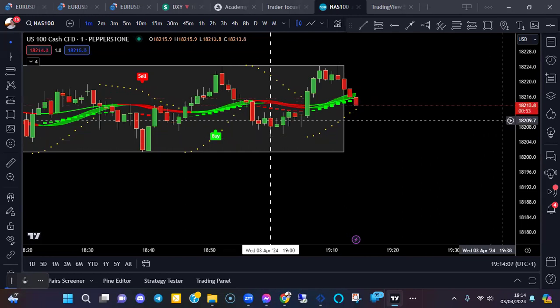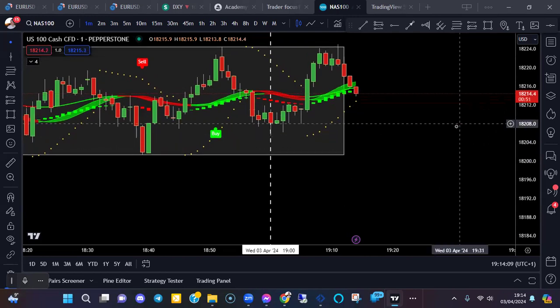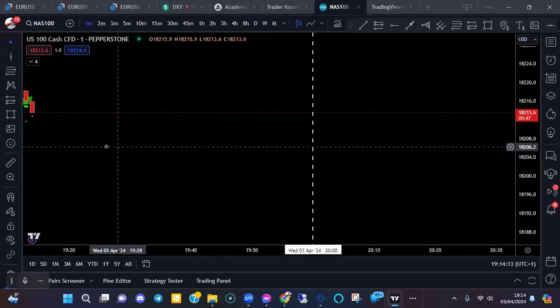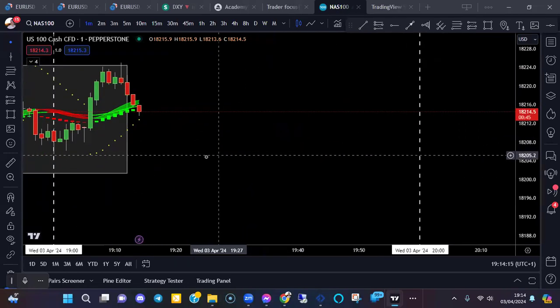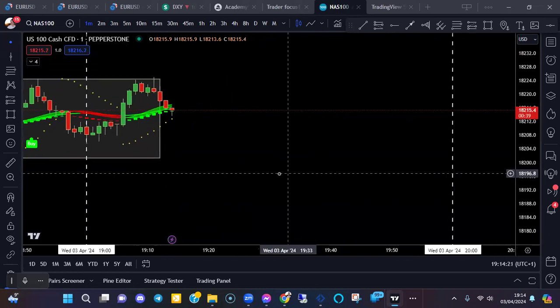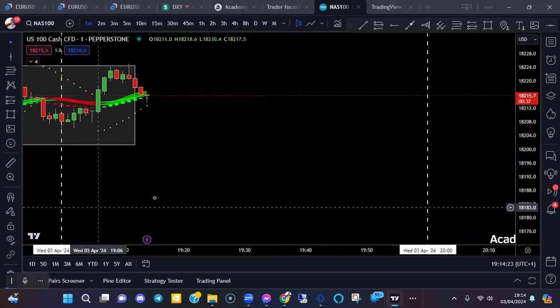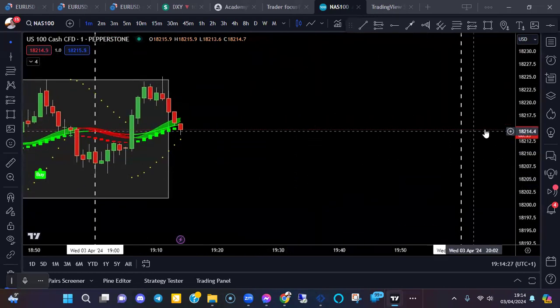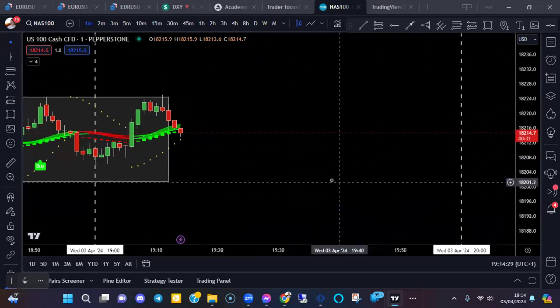This situation could effectively last until 10 o'clock tonight, till the markets close for the US 100. Or we might see a bit of a rally between 7 and 8 as we do most times. That's what we're hoping for.